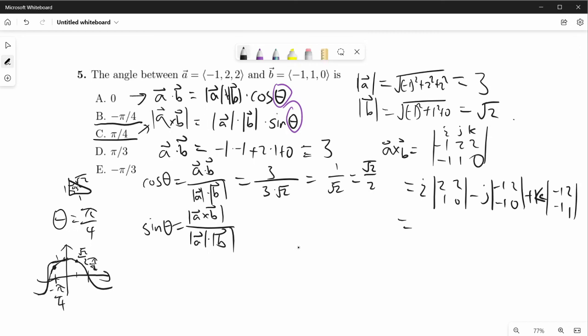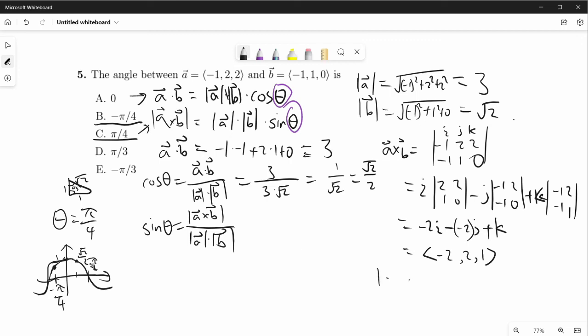So we do diagonals. 0 minus 2 gives -2i, minus, that's 0 minus 2, so -2j, plus -1 minus -2, which is 1k. So this is -2, 2, 1.